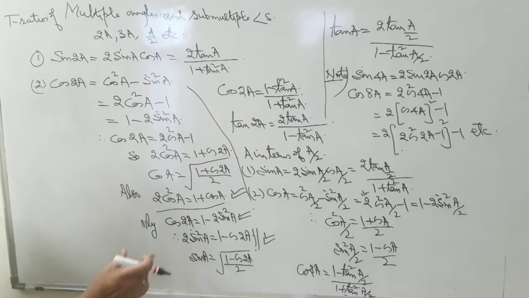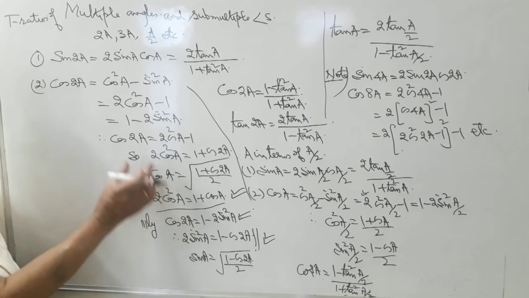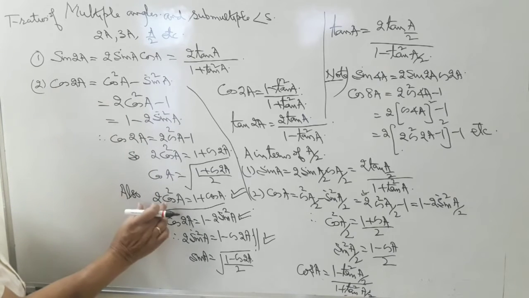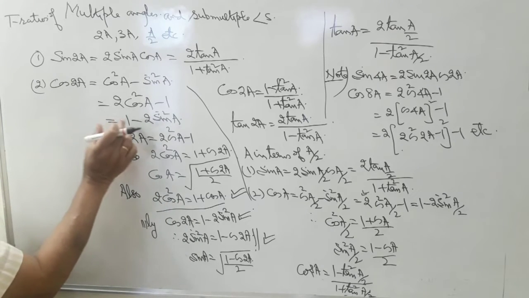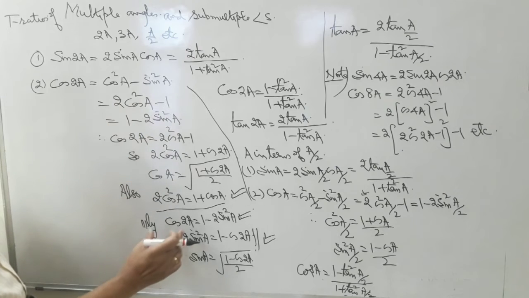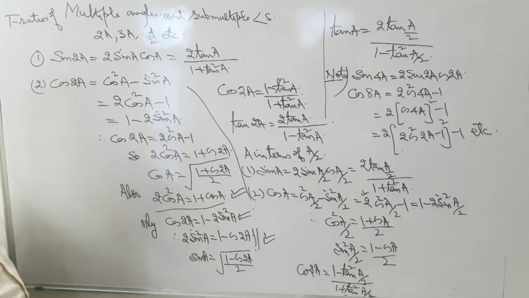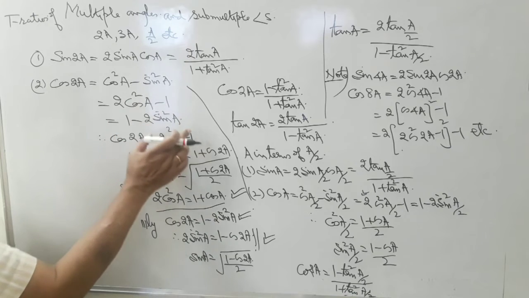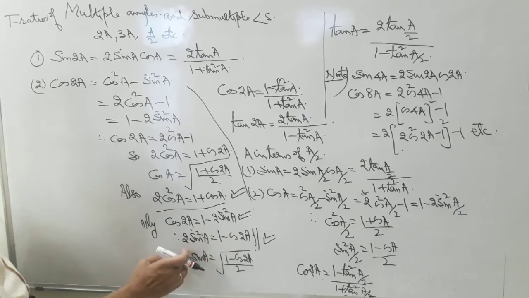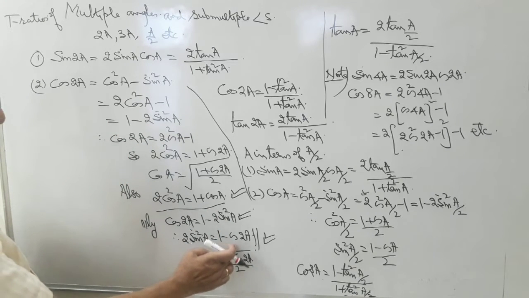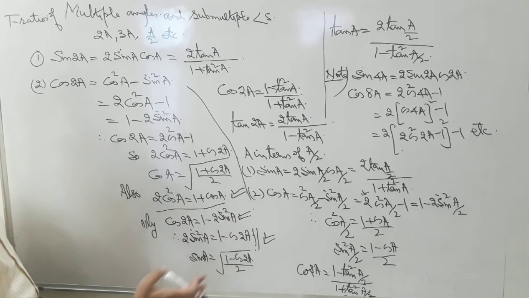These are some of the corollaries before us. See, cos 2a is 2 cos square a minus 1. Therefore 2 cos square a will be 1 plus cos 2a. Similarly, you have cos 2a is 1 minus 2 sin square a, which is written as 2 sin square a is 1 minus cos 2a.